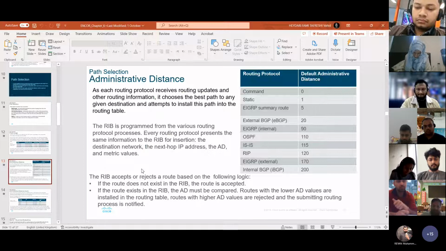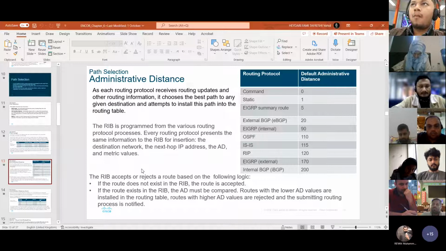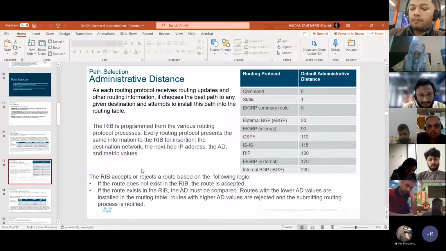I told you what administrative distance is, and this table tells you the default values for administrative distance for different routing sources. If a subnet or a network is directly connected to the router, the administrative distance is 0. Therefore, you can see that it is the most preferred route because we are directly connected to that subnet.